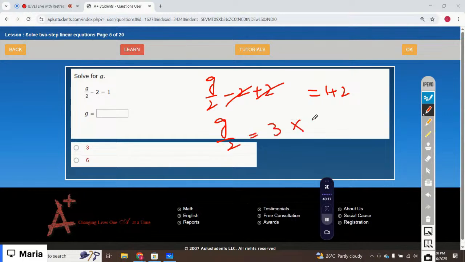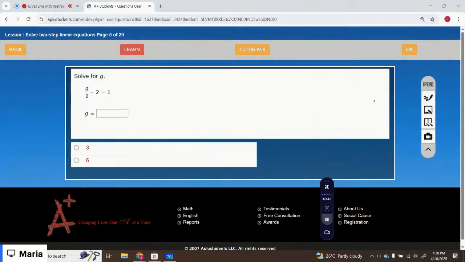Now multiply both sides by 2. 2 and 2 cancel out, G equals 6. Option number 2 is the correct option, that is G equals 6.